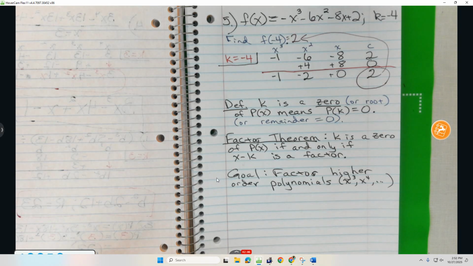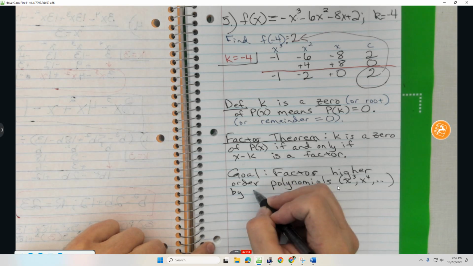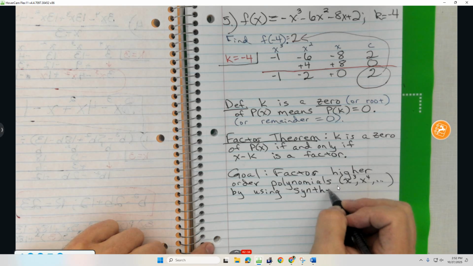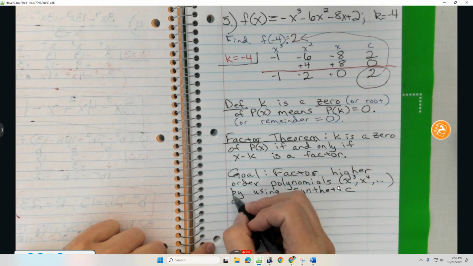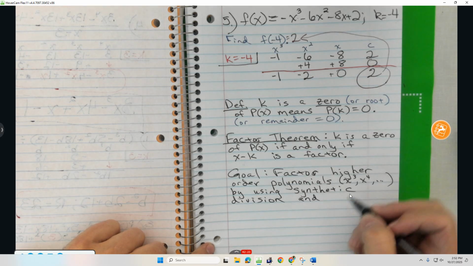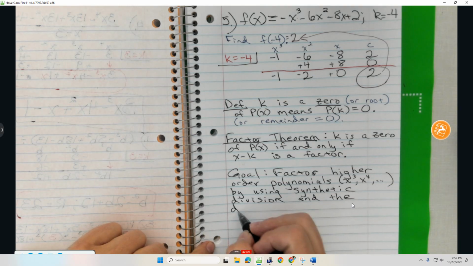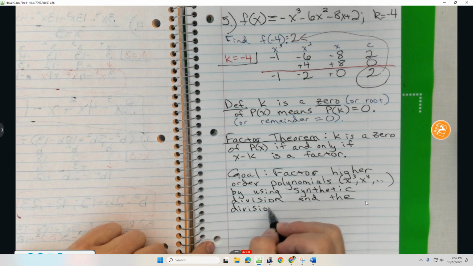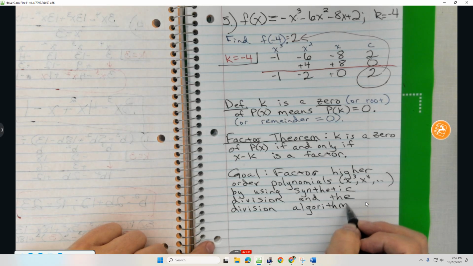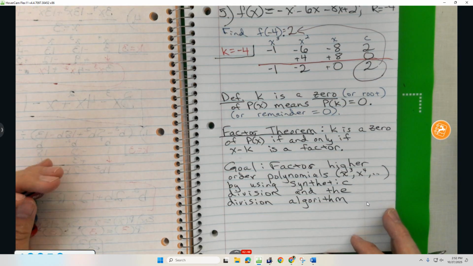Our goal is to factor higher order polynomials by using synthetic division and the division algorithm until you get something that can be factored by trial and error.